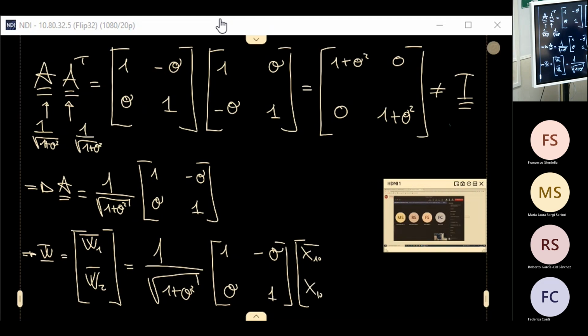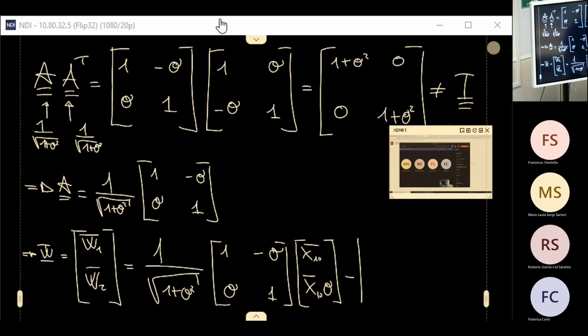x10 over bar theta, minus the initial position r, x0, which is x10 and 0. The local initial position of a point within our element is x10, and since it's a 1D element, the transverse coordinate is 0.